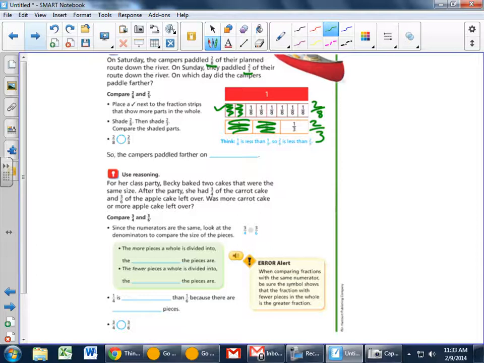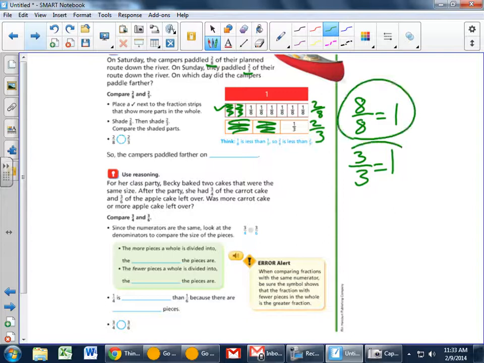Because 8/8 is equal to 1, and 3/3 equals 1. So there are more pieces with the 8s than there are with the thirds. Okay? So now you shaded them and compare the shaded parts. Which one had more pieces that are shaded? Larger pieces is 2/3. So the campers paddled farther on Sunday.